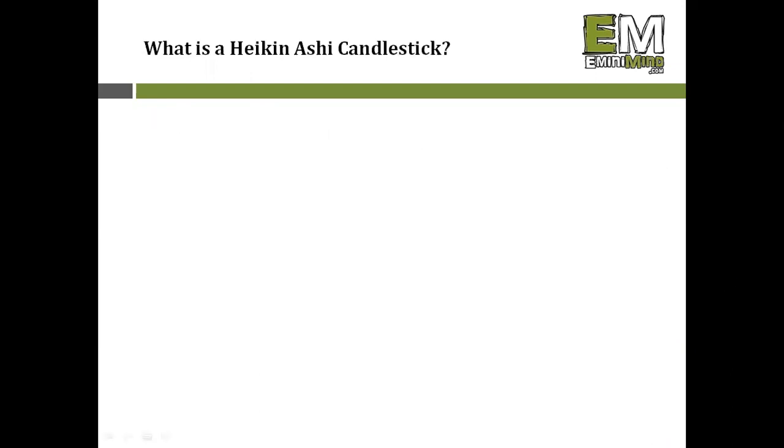So the Fib tool, that's pretty basic. But as far as the Heikin Ashi candlestick goes, it's similar to a traditional candlestick. It's just another way of viewing the market. Just like when we lay on a Fibonacci retracement, it's just a filter for adding some structure to the market itself.